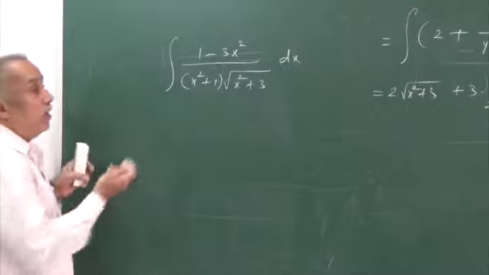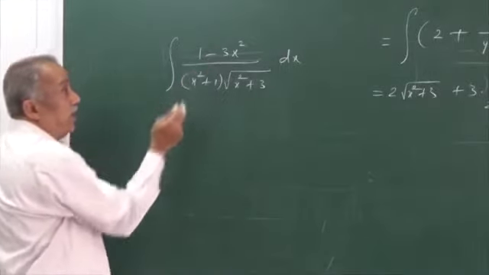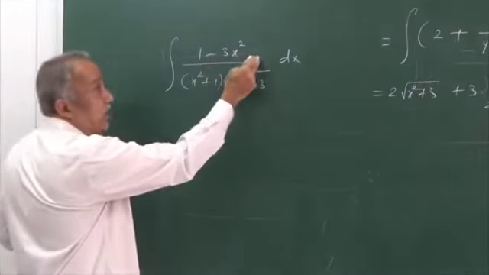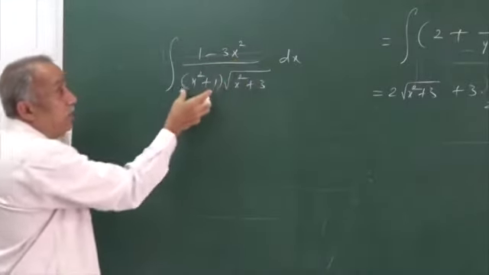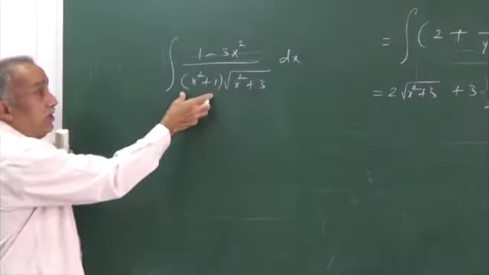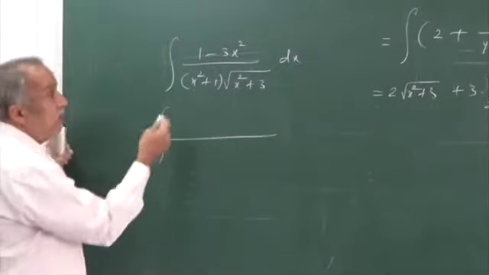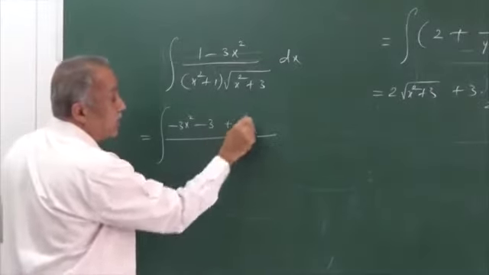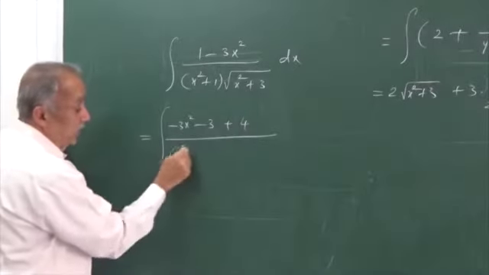How? Let me treat the numerator as −3x² − 3, so that this portion together with the denominator will have a common factor, and adjust the constant term. So, what I am doing is writing the numerator as −3x² − 3 + 4, with no change in the denominator.